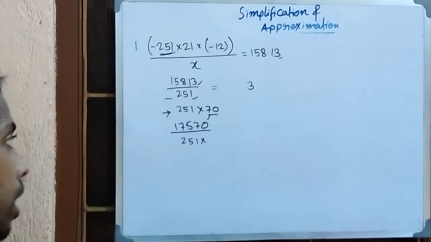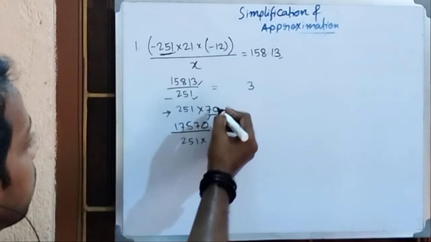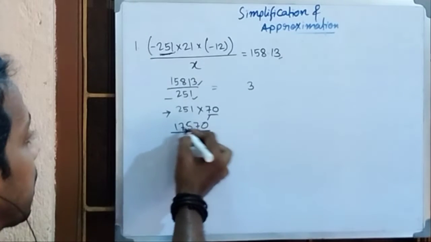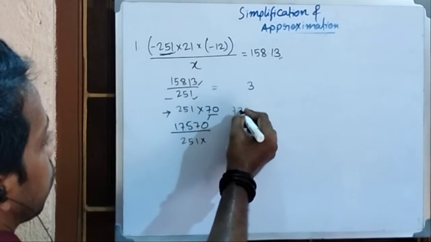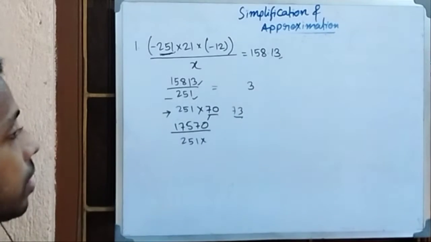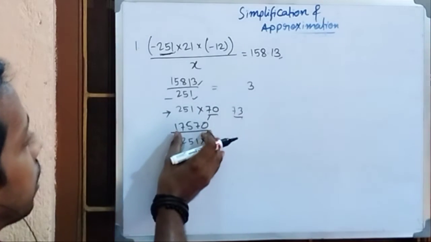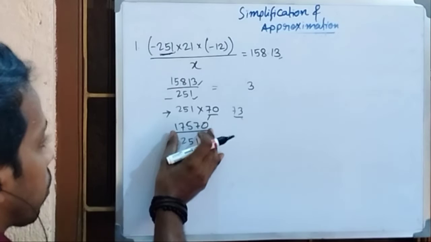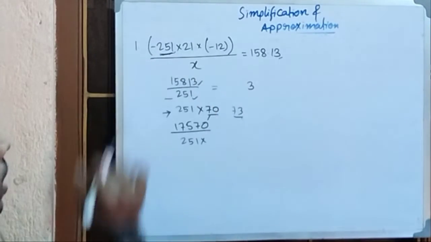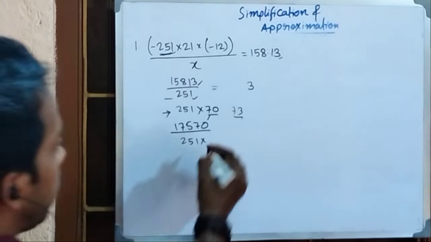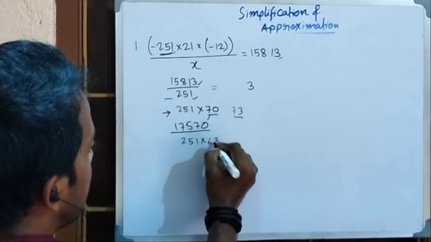And we well understand that this 70 would not be the answer. Even if 70 comes in 1581 like that, then also 73 would be the answer, because the unit place is 3, and the 2-digit value gives us comparable results, the number of digits same as given in the question, right? So we will take 63 here.